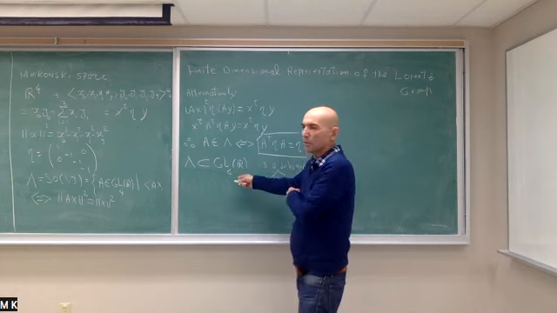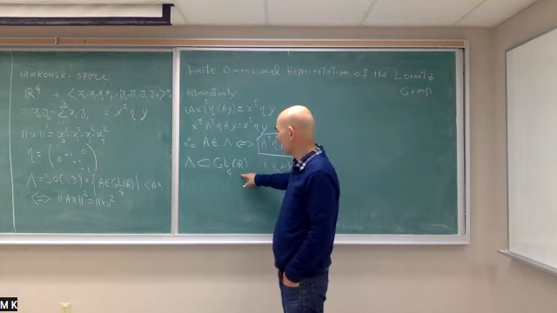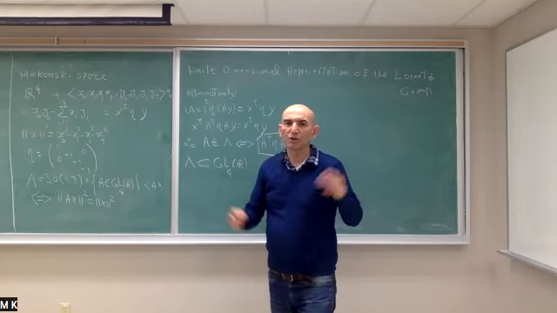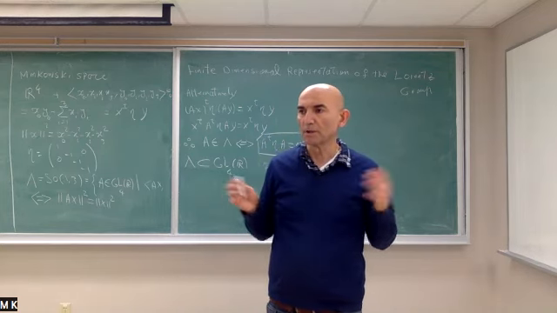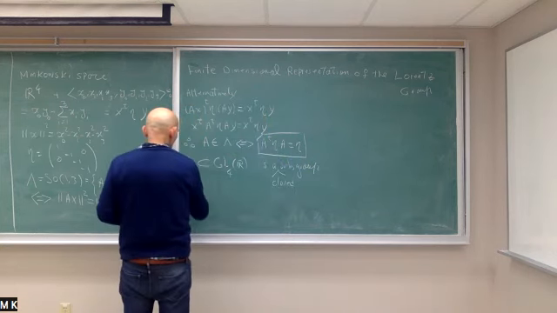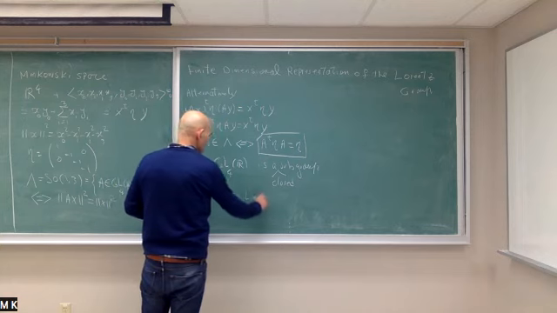Okay, GL4R is a Lie group because it's an open subset of R16. So there is a general theorem that says that if you have a closed subgroup of a Lie group, it's a Lie group. So the conclusion is that lambda is a Lie group.